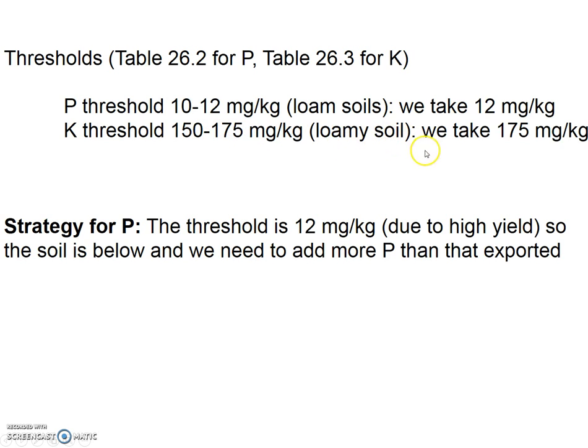For loamy soil, we take the maximum value. This is a conservative approach. The strategy for P: as the threshold, which is 12 milligrams per kilogram due to high yield, is above the value that we have measured, which is 8, we need to add more P than that exported.